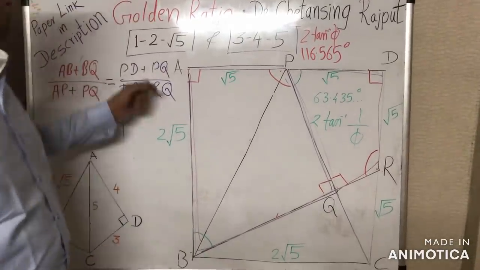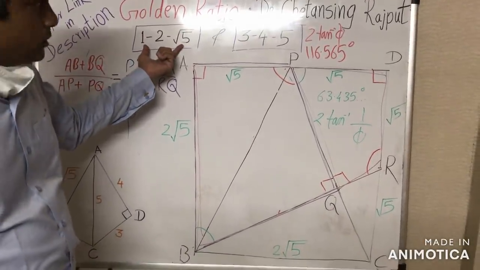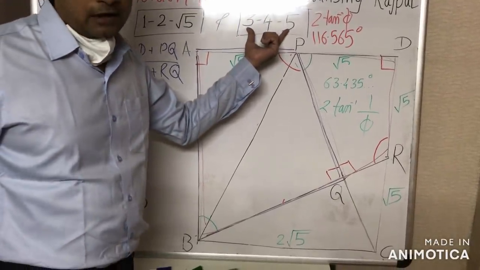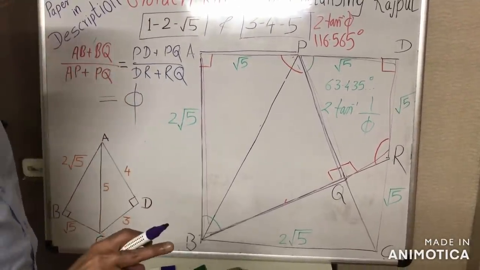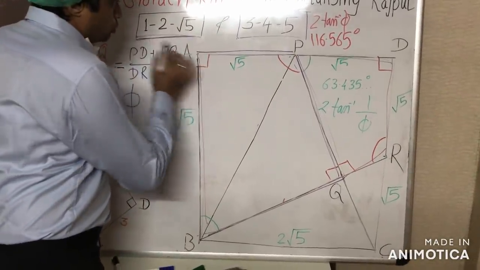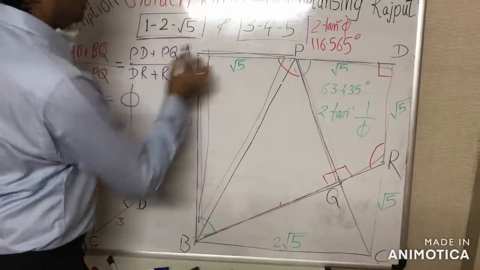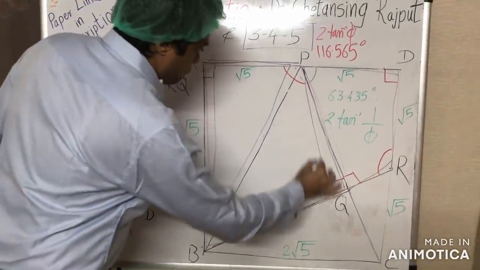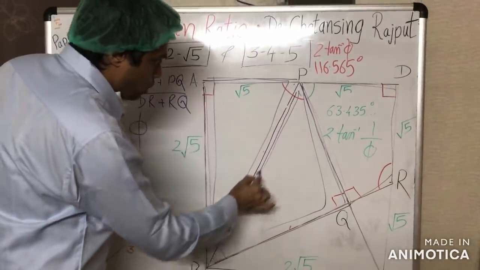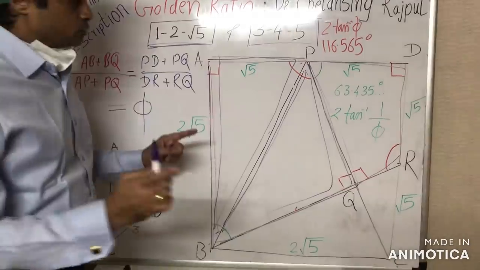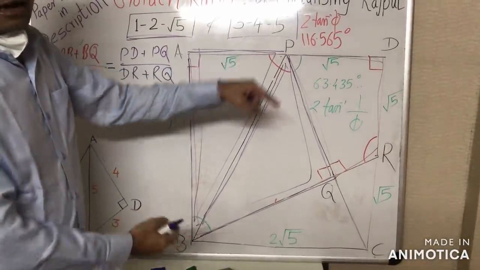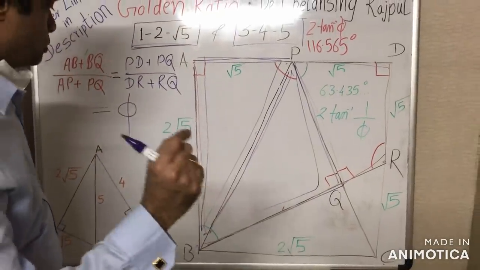If we connect a 1, 2, root 5 triangle and an equivalent size 3, 4, 5 triangle along their common hypotenuse, the corresponding sides and the corresponding angles are the precise expression of the golden ratio.